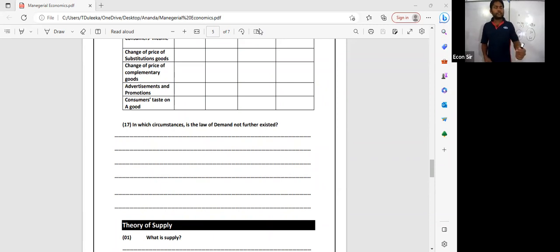Then the investor wants to subscribe and participate in that rights issue, so they need to purchase more and more shares. When the price of a particular company's share is going up, the investors jump into the market and buy more and more shares. When the price is increasing, the demand for such shares will also go up.